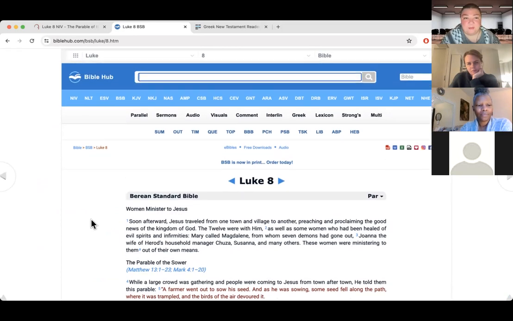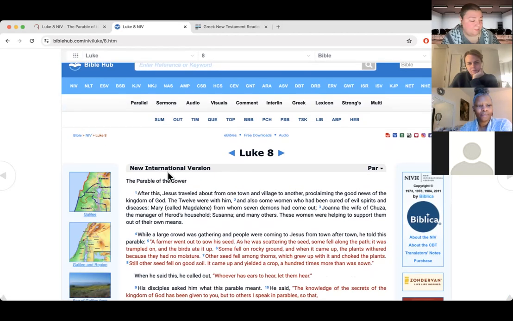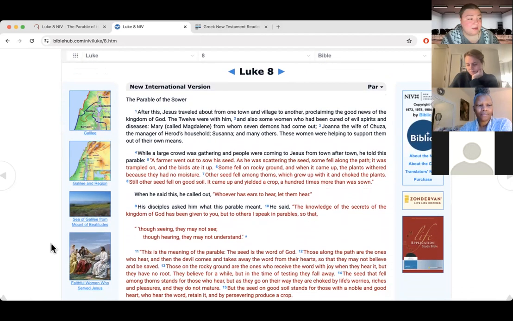Now we can pick from the various versions on this light blue menu up here. For now, we're just going to pick NIV, just to make it a bit simple. Here we have Luke 8 from the NIV. Now, depending on the chapter, you'll sometimes find on the left-hand column maps of the region being mentioned in this text.